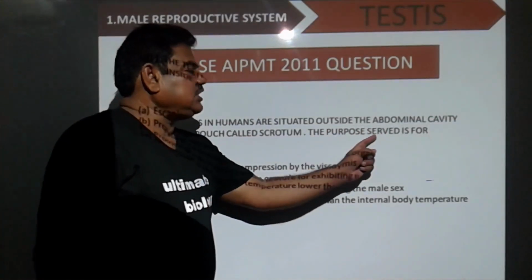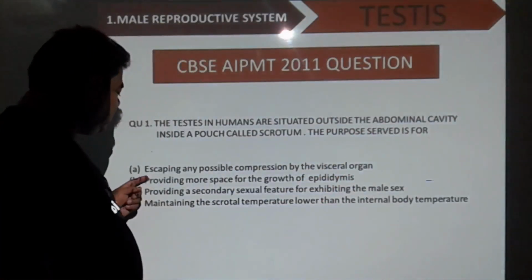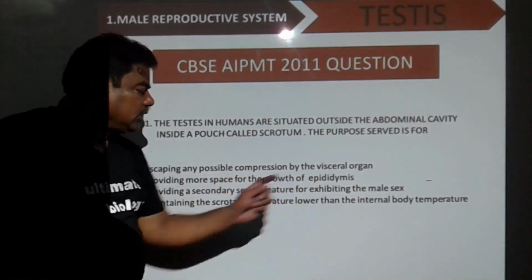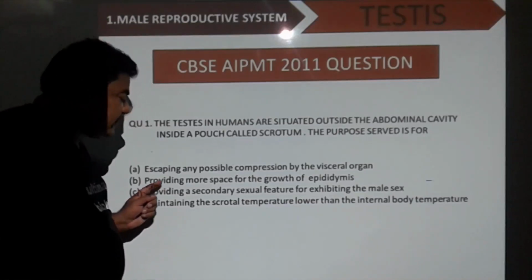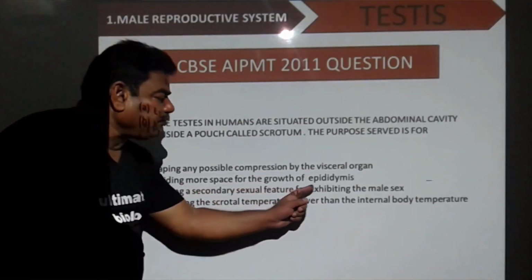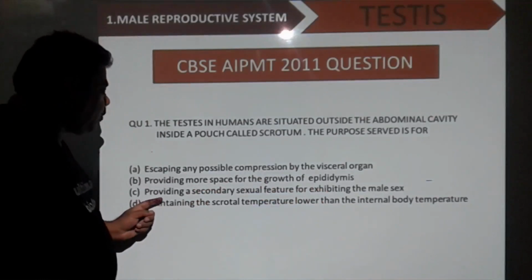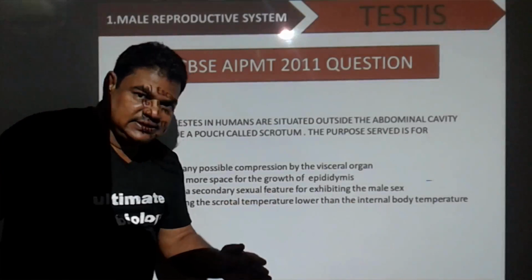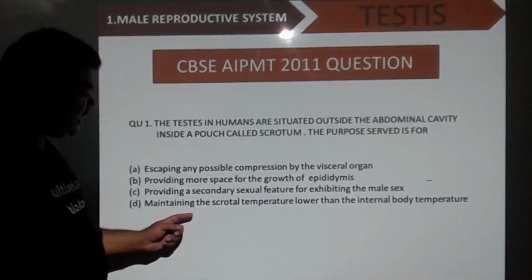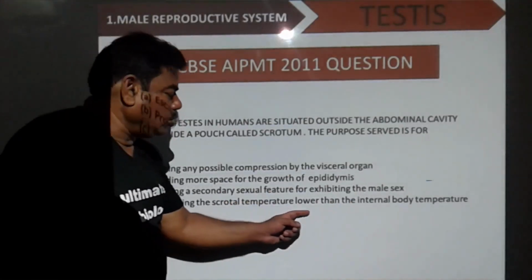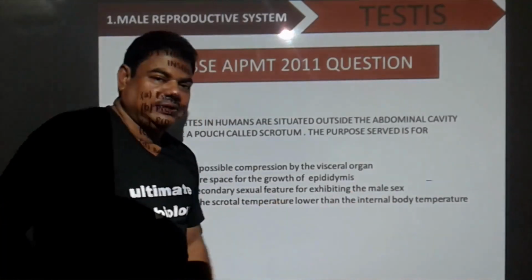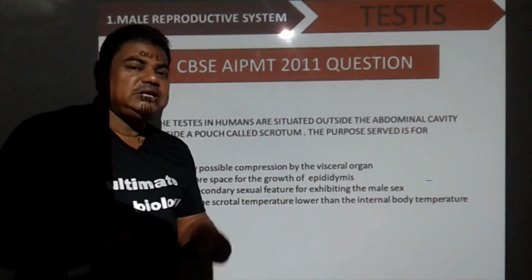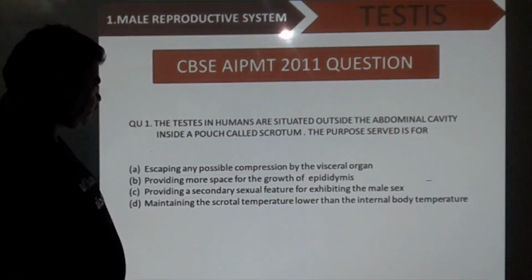The purpose served is, first, escaping any possible compression by the visceral organs. Second, providing more space for the growth of epididymis. Third, providing a secondary sexual feature for exhibiting the male sex. And last, maintaining the scrotal temperature lower than the internal body temperature. These are the four options. Which is the correct answer? Please mention in the comments.